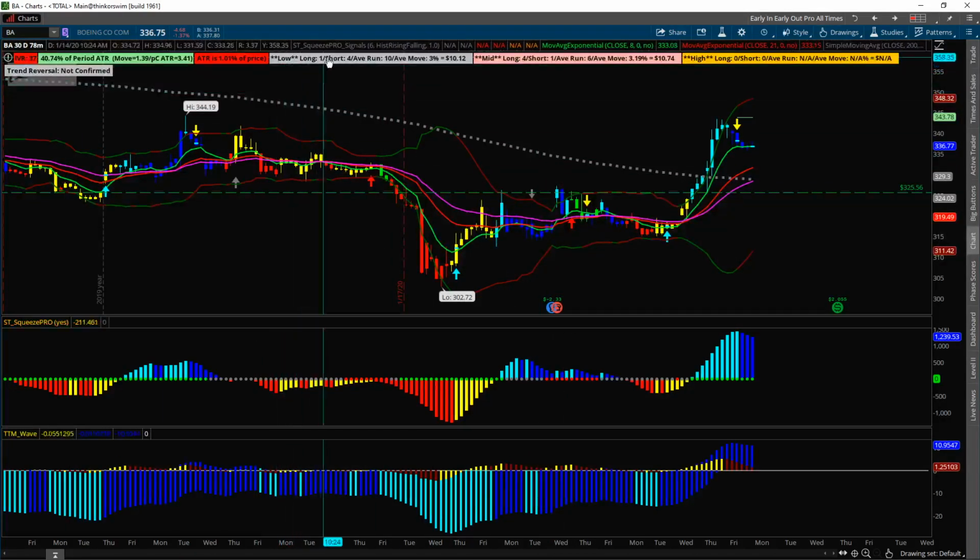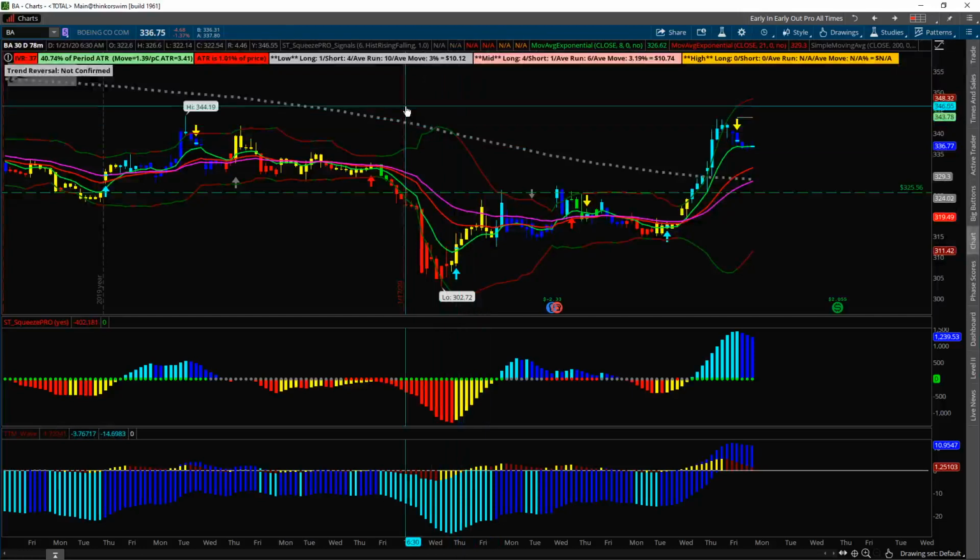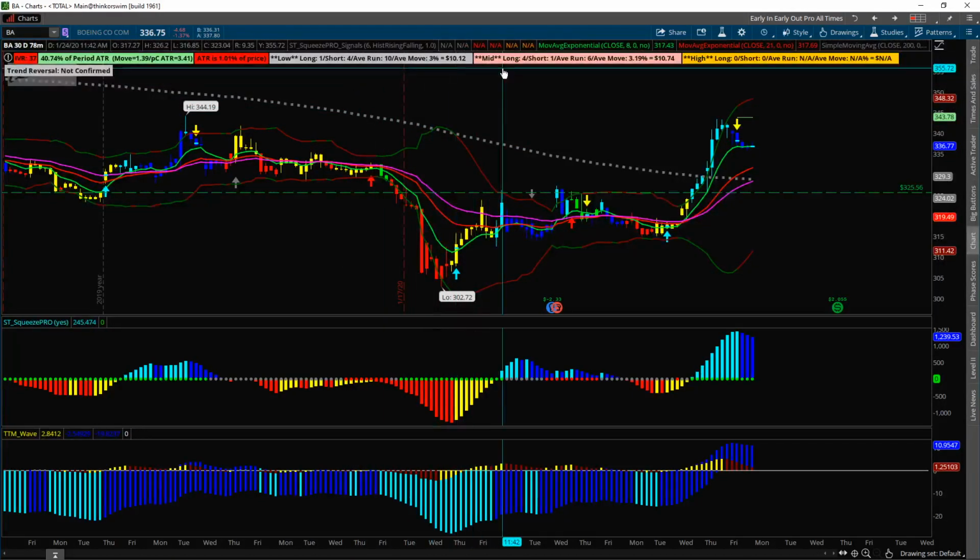Okay, and then what you see here in gray, pink, and yellow is the squeeze stats, or the pro stats from John Carter. And it pretty much just lets you know a quick summary of the stats for the squeeze that it's currently in, or not in, just where the average is.